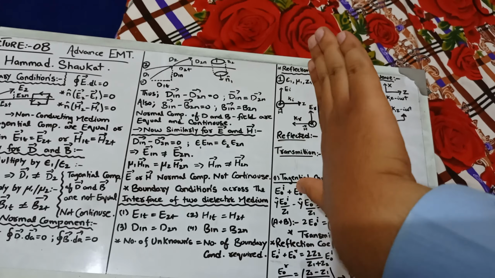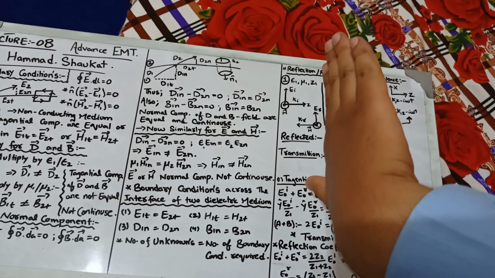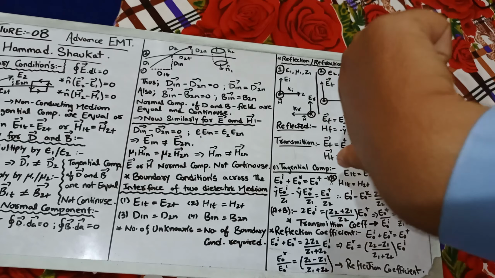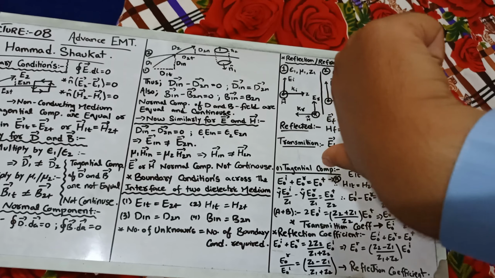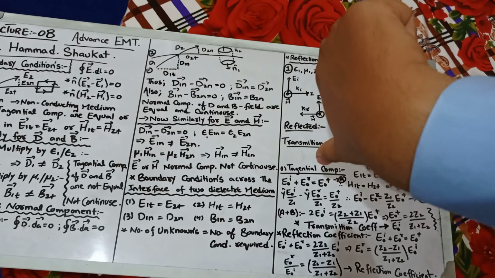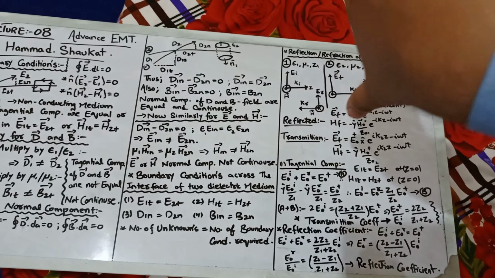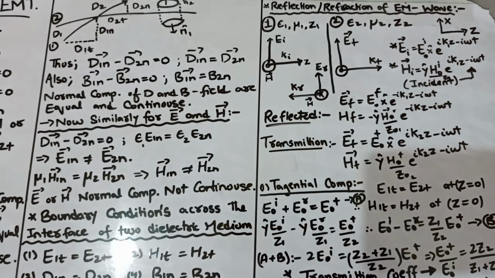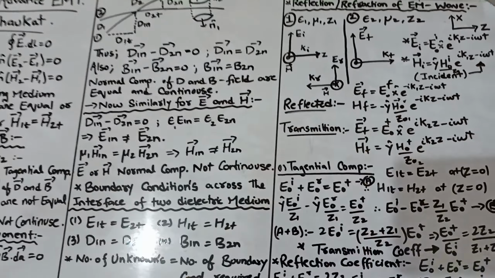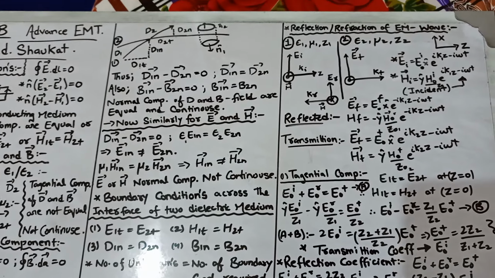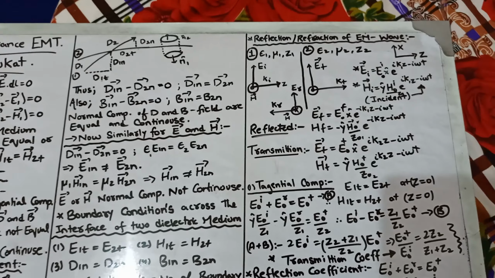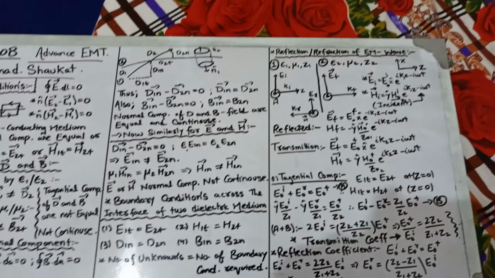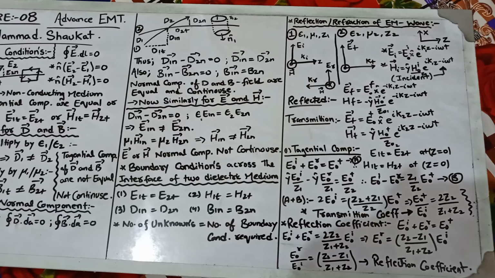So this is the alignment of the electric field. Now I curl my fingers in the y direction, and this thumb shows me the direction of the magnetic field. So you can see it is inside the page or inside the board. That's why I showed it here with the cross sign, meaning into the page. So this is just an illustration of how you can show it by simply drawing the figures.